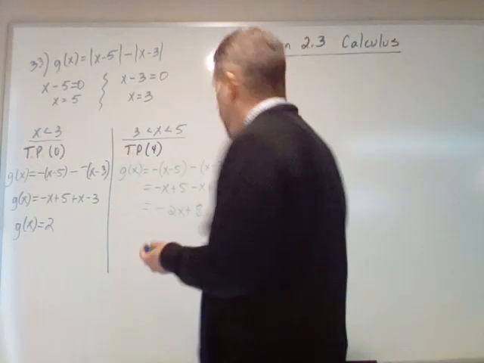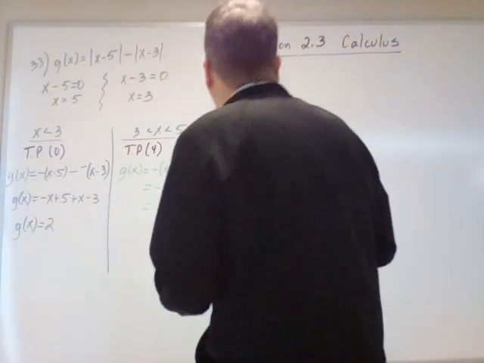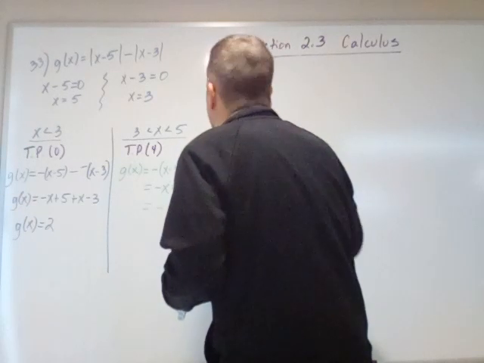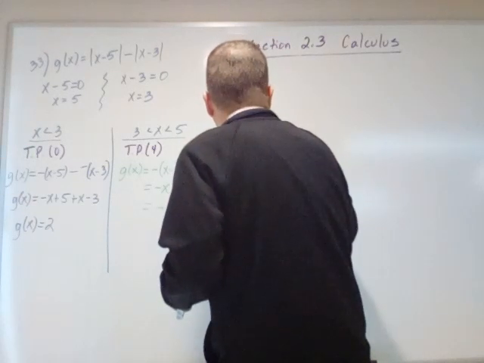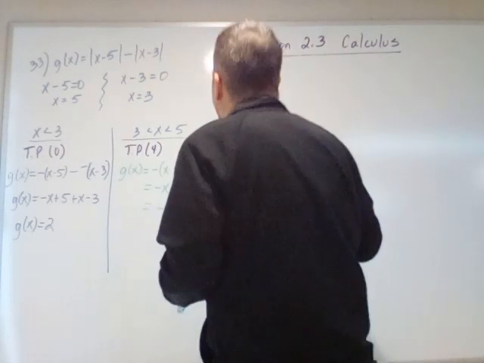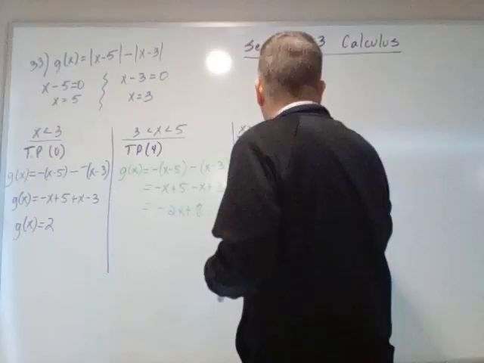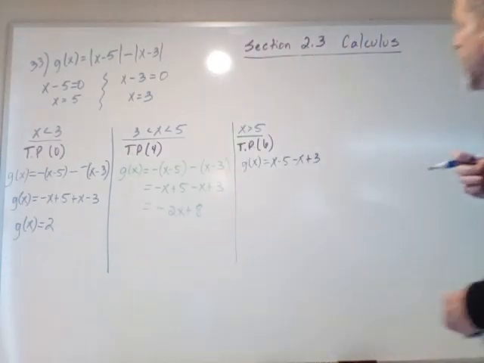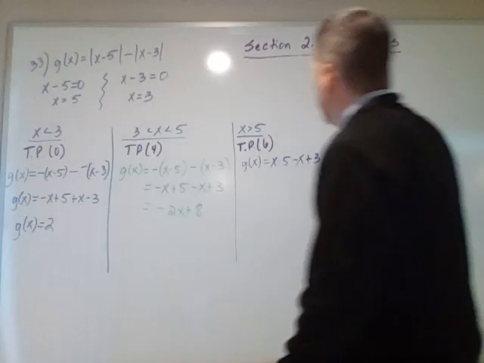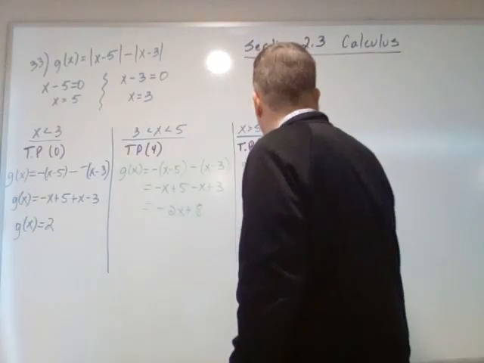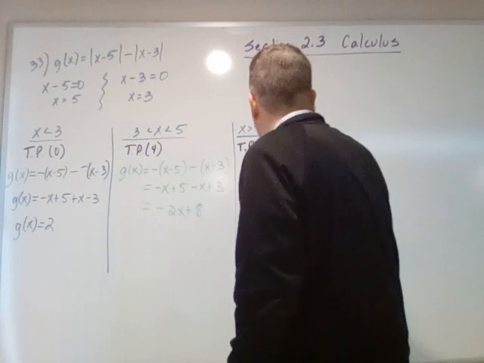So again, for the piece bigger than 5, the absolute value might as well not be in the problem. So we are just going to drop it. But again, make sure you distribute that negative sign over that x minus 3 quantity. Okay, so in this one, we end up with g of x equaling negative 2.